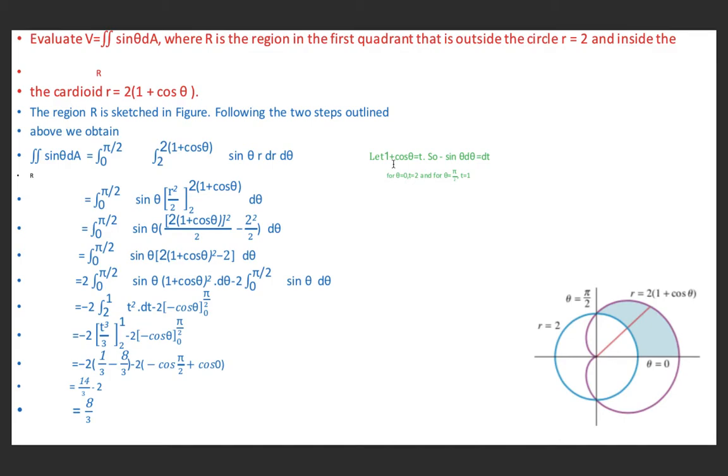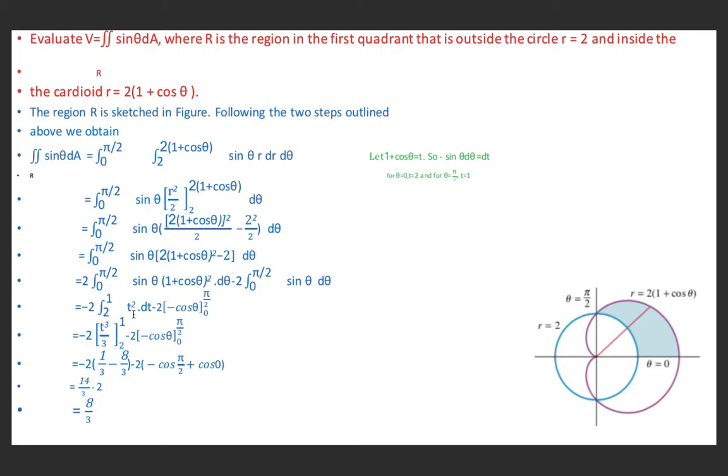We have substituted 1 plus cos theta equal to t, so minus sine theta d theta is dt. If we use this here, the limits are from 2 to 1, and sine theta d theta is minus dt because we have the minus sign. So this is minus dt, and (1 plus cos theta) whole square is t square.